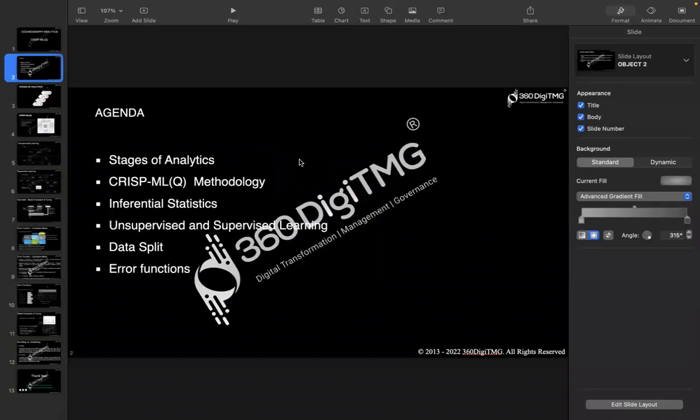So before moving to stages of analytics, first we will know what is Crypts MLQ.